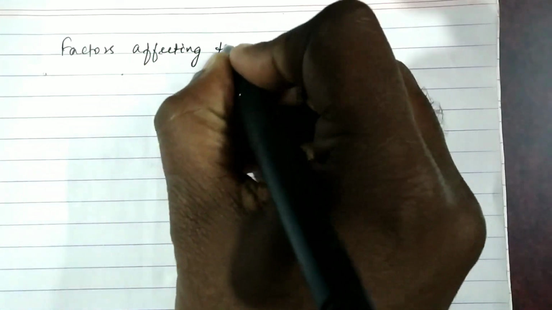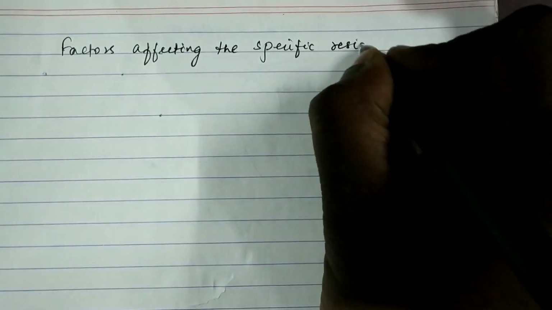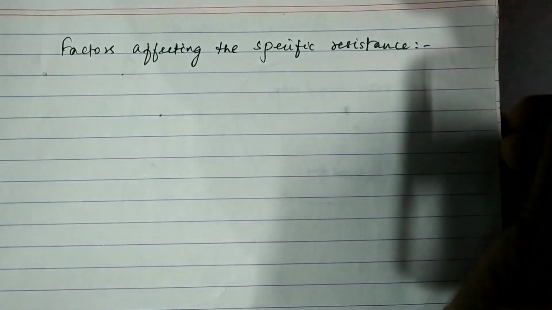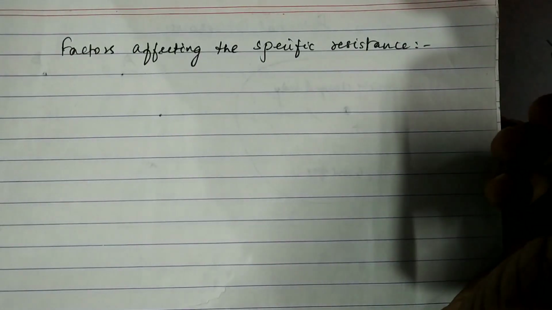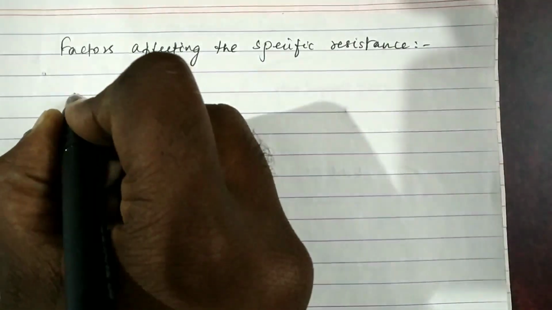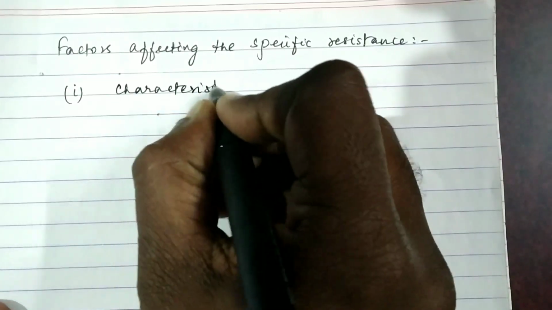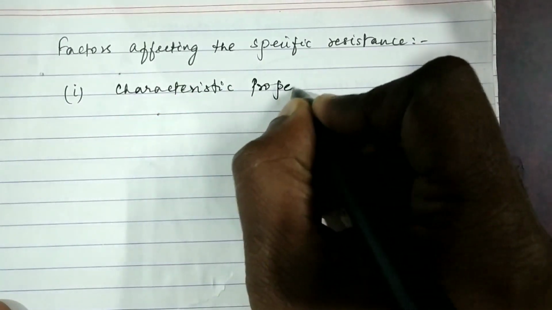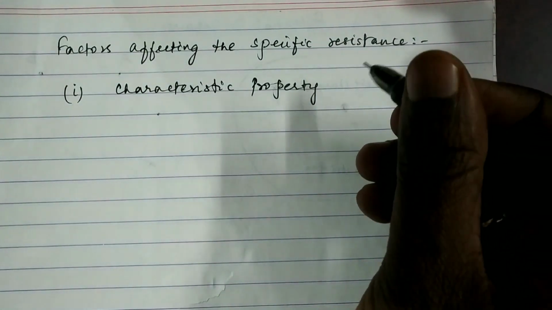Now we'll see the factors affecting specific resistance. We studied specific resistance is the characteristic property, that means it is the property of that material.